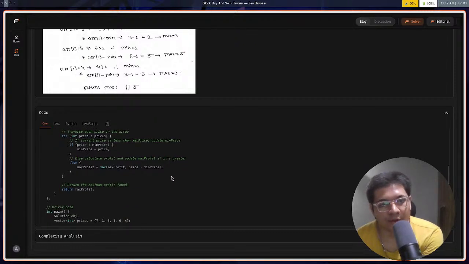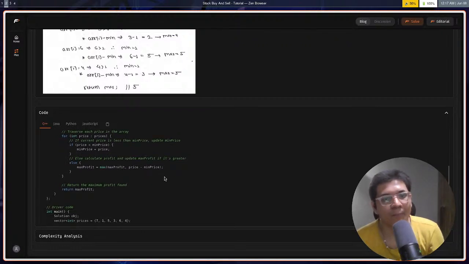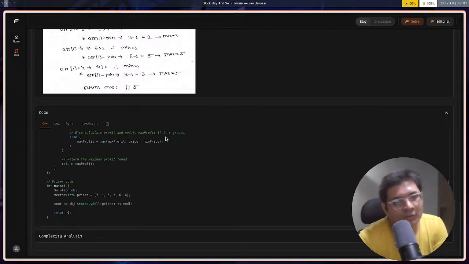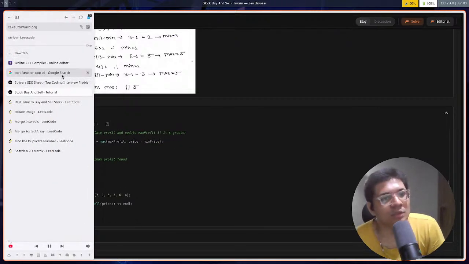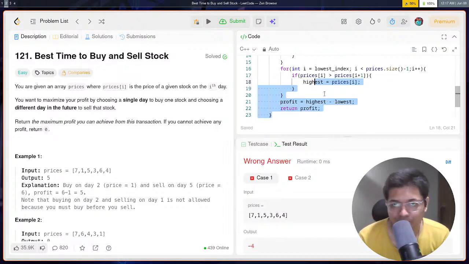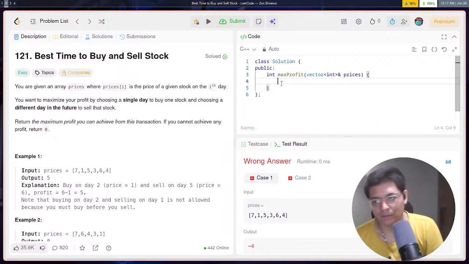Else max profit is the maximum of max profit and current price minus minimum price. Return max profit. It is so simple, but we just have to do the intuition thing perfectly.